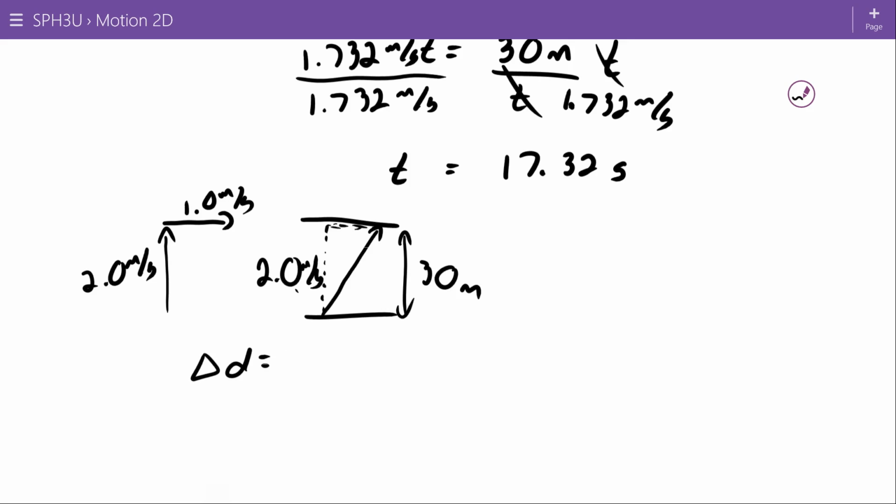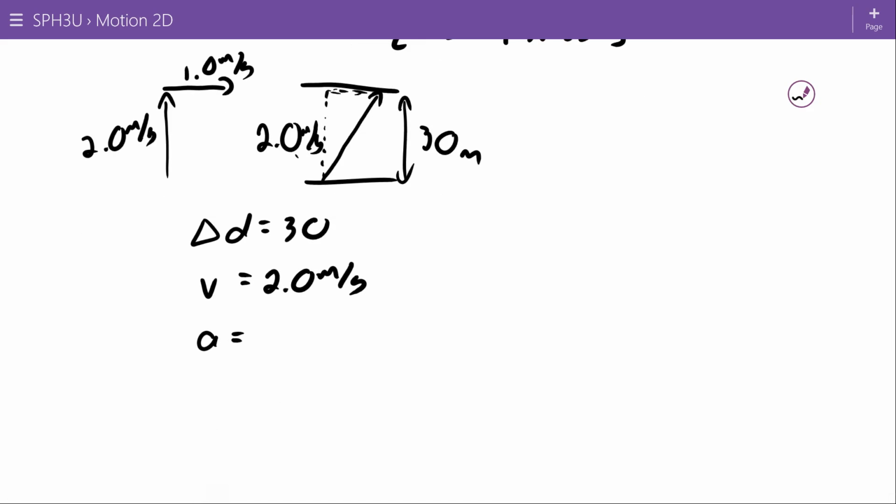Delta D is 30. My v this time going across the river is 2.0 meters per second. And we're going to assume you're just doing this at a constant, or that 2.0 represents an average velocity or whatever. So my acceleration is 0.